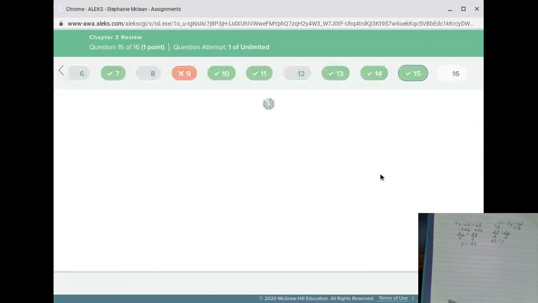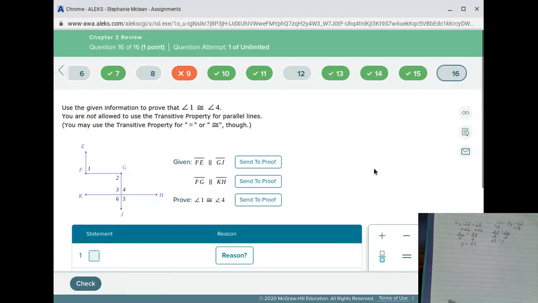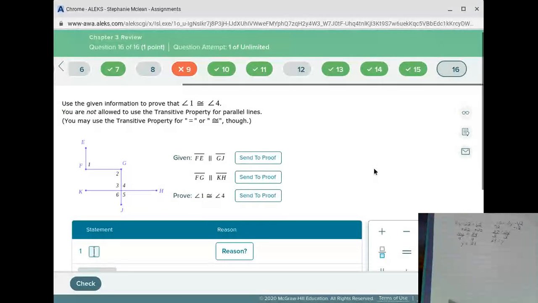Now the proofs are going to get a little bit more in depth. Use the given information to prove that angle 1 is congruent to angle 4. You are not allowed to use the transitive property for parallel lines. We can use the transitive property for equal or congruent angles though.